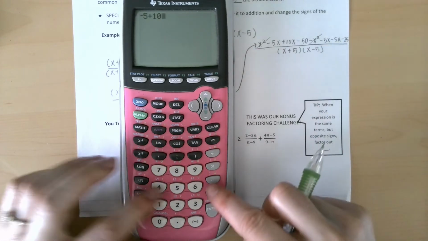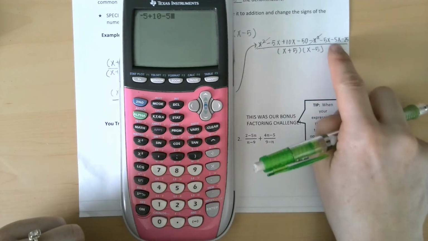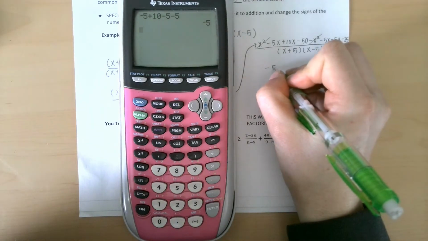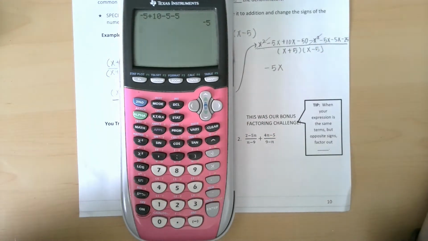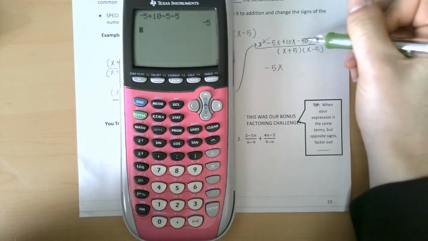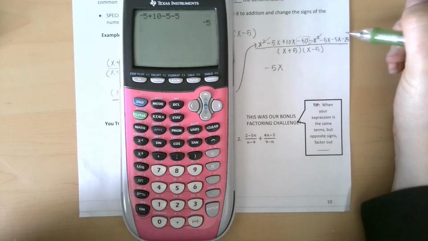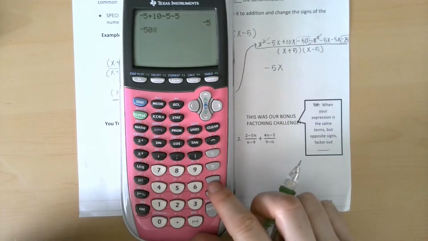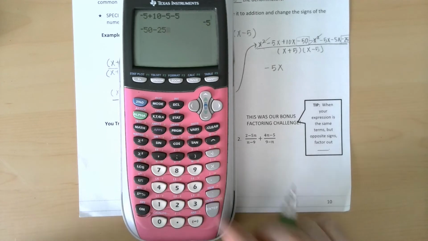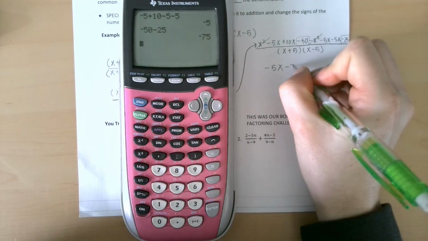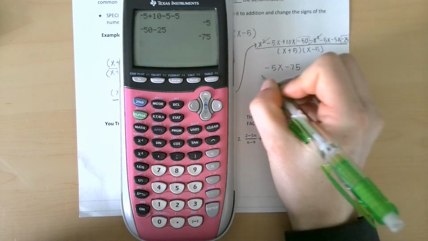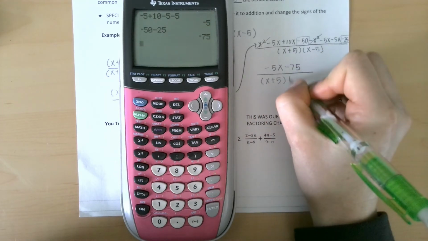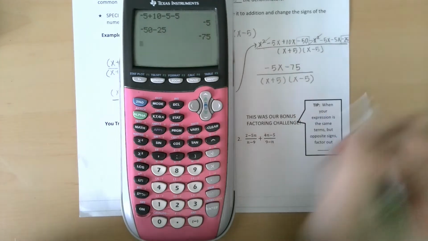Here's a negative 5, so I'm going to subtract 5 and a minus 5 again, which gives me negative 5x. Okay, just number-wise, so constants, I have negative 50 and negative 25. So negative 50 minus 25 gives me negative 75. And this is all over x plus 5, x minus 5.